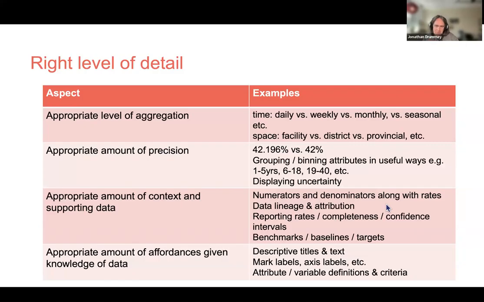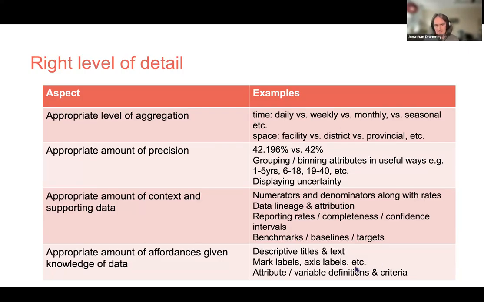In terms of the context and supporting data, what do people need as far as supporting data to appropriately interpret this chart? So it's very common for us to ask, okay, what were things previously? So having some sort of benchmark or baseline, or maybe it's more in that orientation of where do we want to go? So what is our target? We need to provide more lineage and attribution of the data for people.